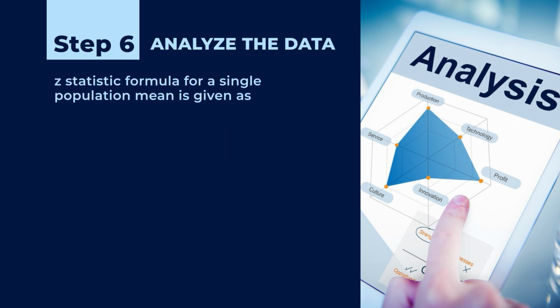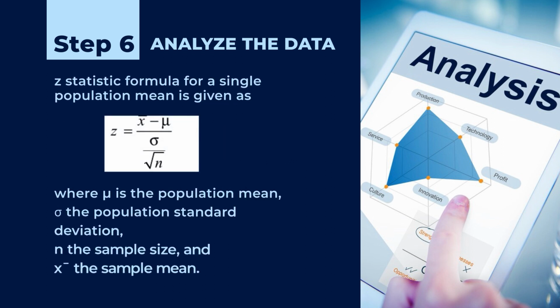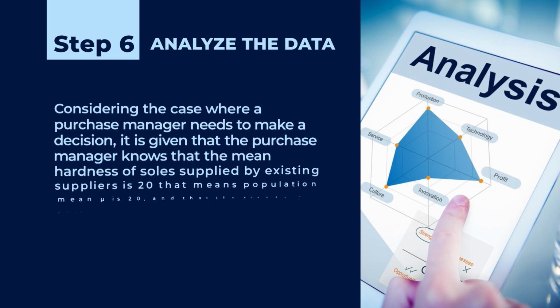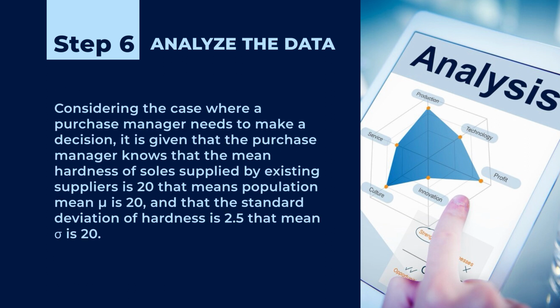So the formula we have mentioned is Z equals x bar minus mu divided by sigma divided by root n. In our case, the purchase manager knows that the mean hardness of soles supplied by existing suppliers is 20, that means population mean mu is 20, and the standard deviation of hardness is 2.5, that means sigma is 2.5.